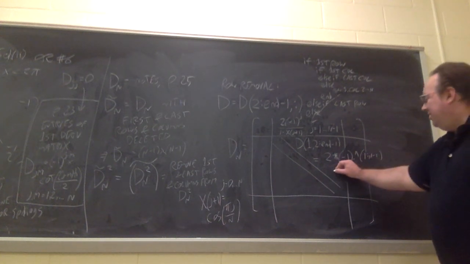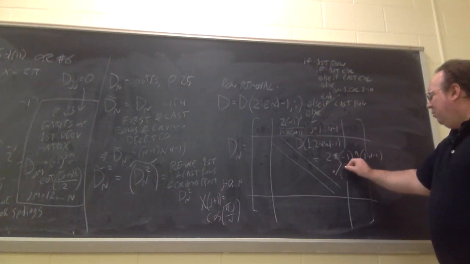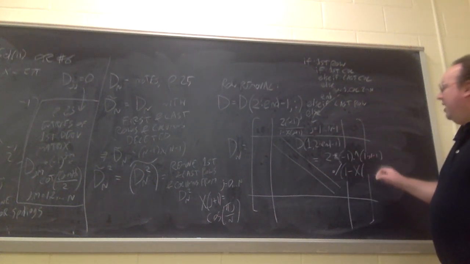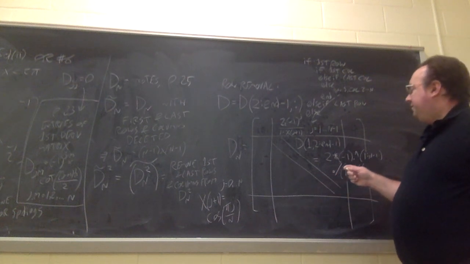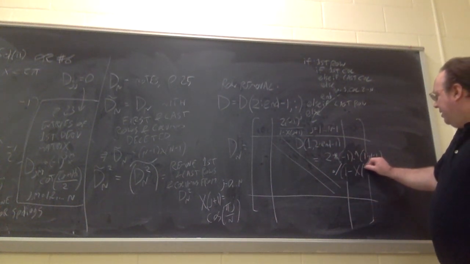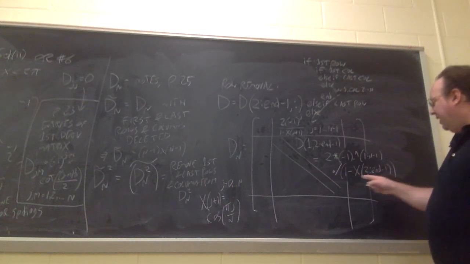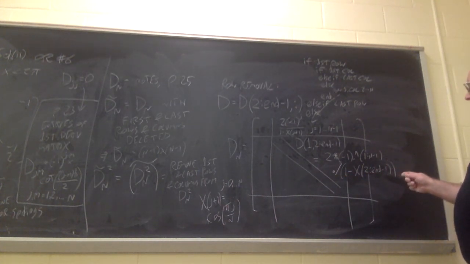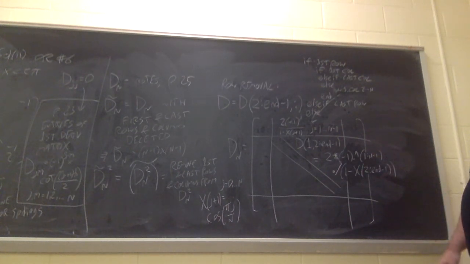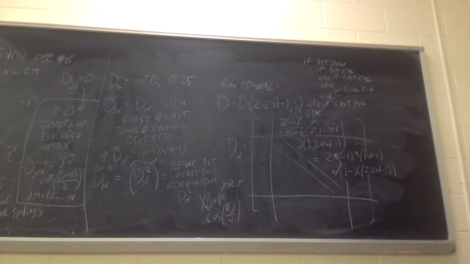So do this dot divide, and then I have this denominator, 1 minus x elements 2 to n minus 1, same indices as here. And that gives me those entries as a vector. And so that takes care of that portion of the first row all in one shot.